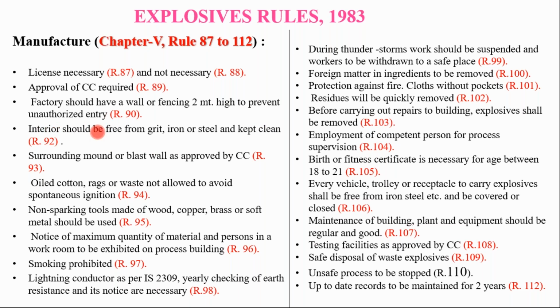We have already discussed frictional resistance and ignition sources. Then 93 is related to the surrounding mound or blast wall approved by the CC. Then 94 says oiled cotton, rags and waste are not allowed, to avoid spontaneous ignitions.